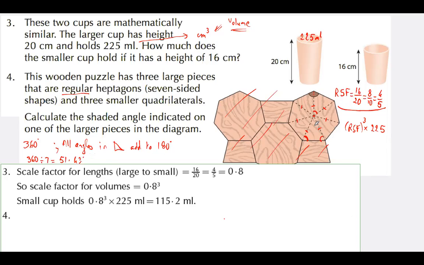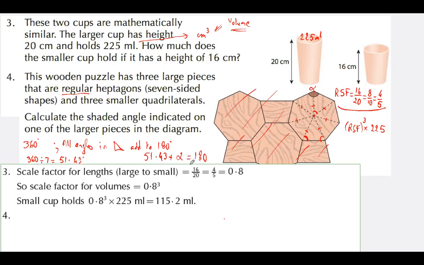So now what you have is 51.43 plus the 2 angles that are the same, or plus that brown one. Let's call this big angle there alpha, equal 180. If we add them both, the 3 of them equal 180.